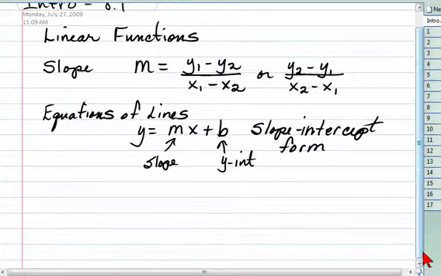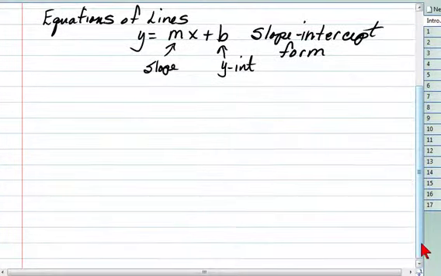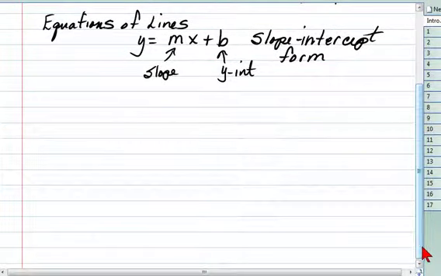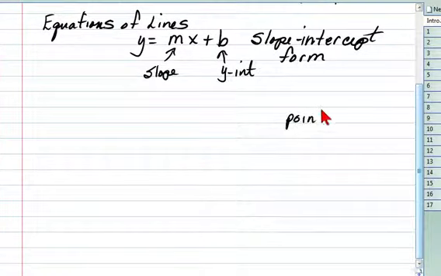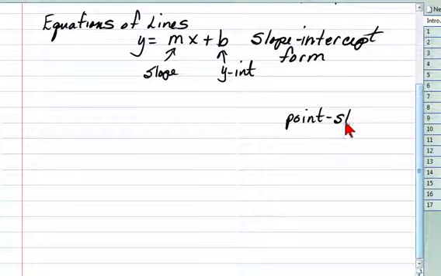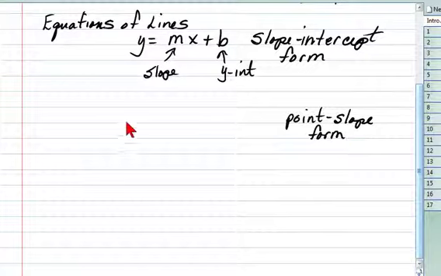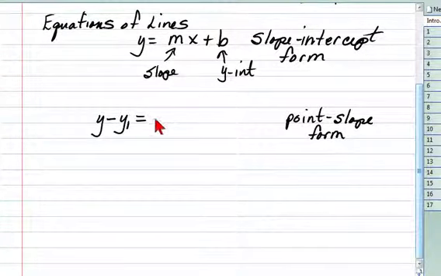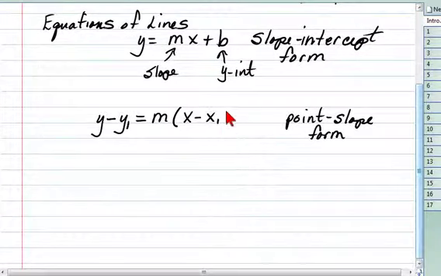But another format, which we're going to use a good bit, we don't discuss in Math 307, and it is called the point-slope form. And it looks like this. Y minus y1 is equal to m times x minus x1.